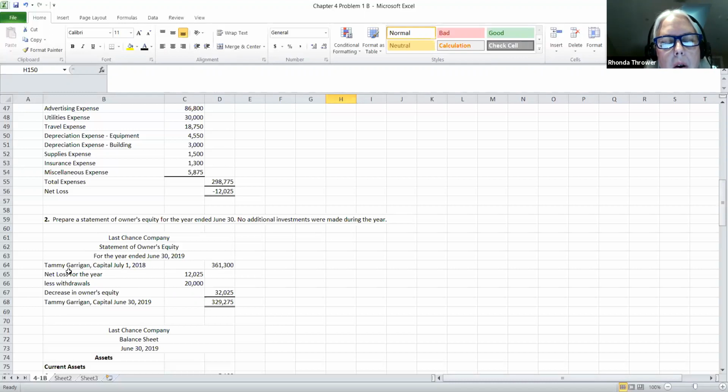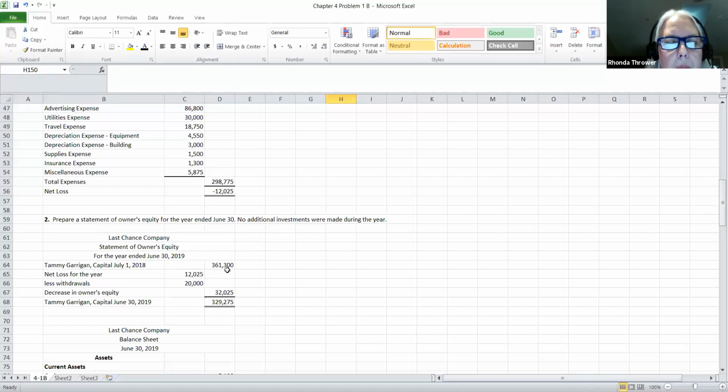The name of our owner and the capital account should be shown, and the date, which is the beginning of this year. The end of the year was June 30th, so the beginning of the year had to be July 1st. July 1st of 2018 is the beginning of the year balance for the capital account or the owner.